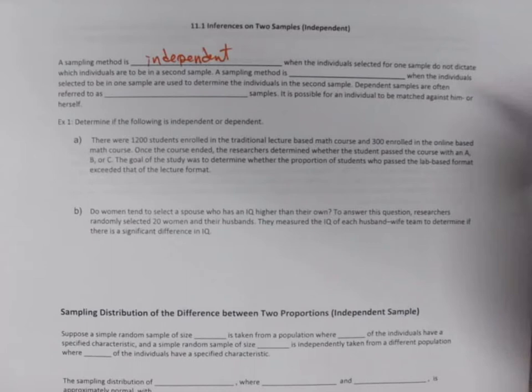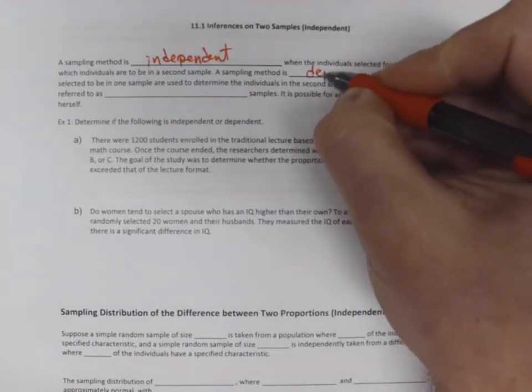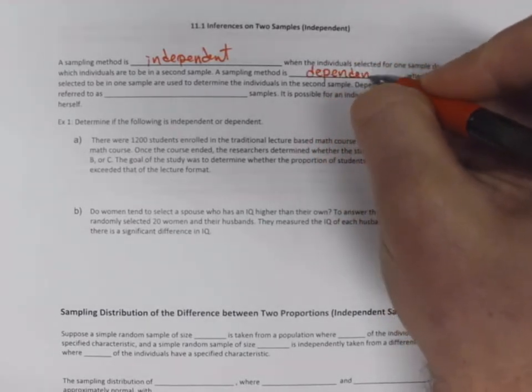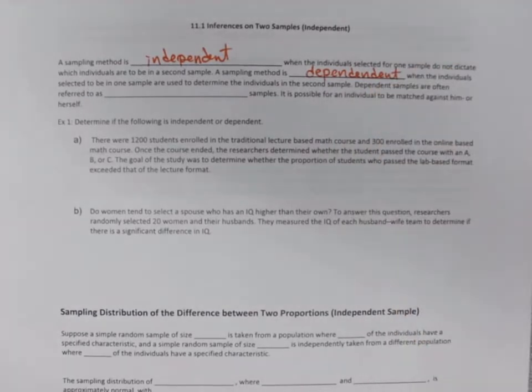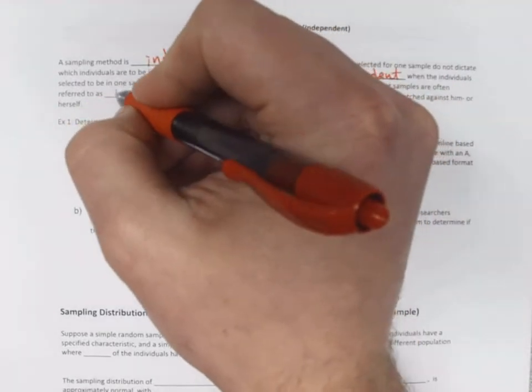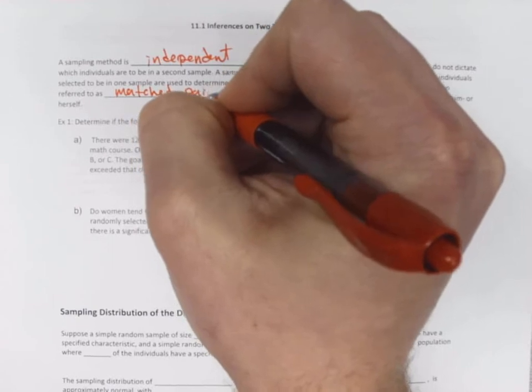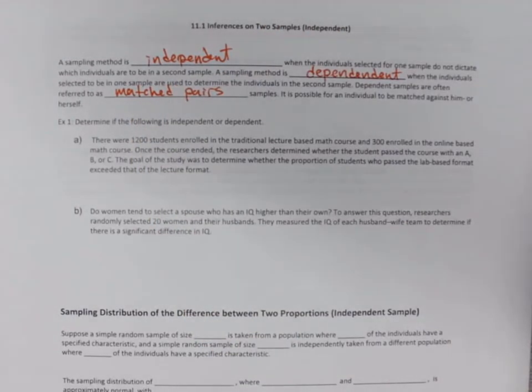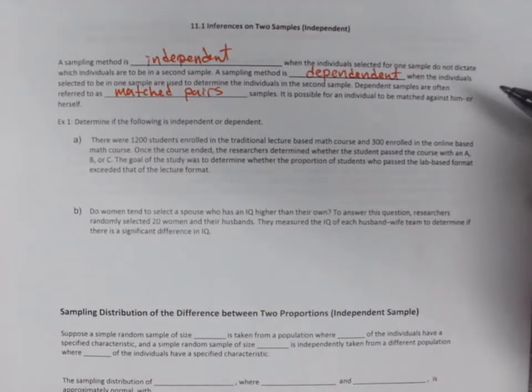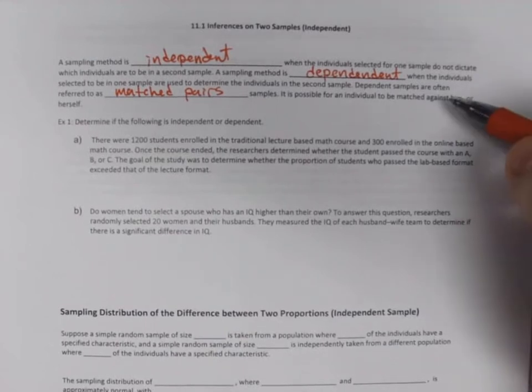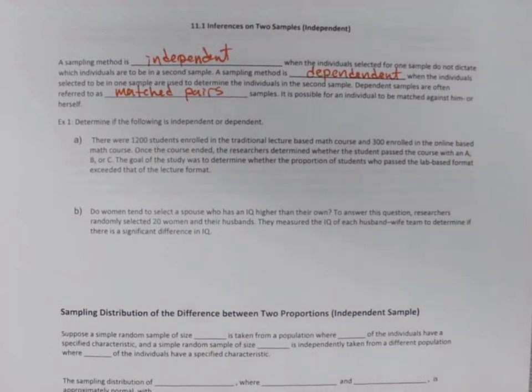A sampling method is dependent when the individuals selected to be in one sample are used to determine the individuals in the second sample. Dependent samples are often referred to as matched pairs. It's possible for an individual to be matched against him or herself.